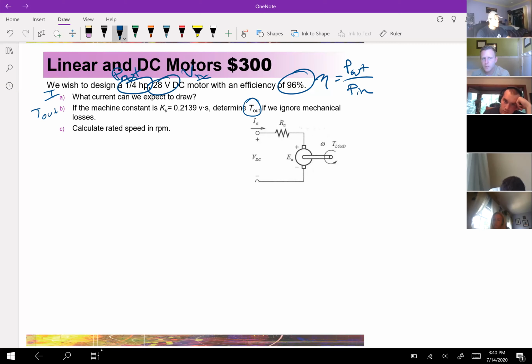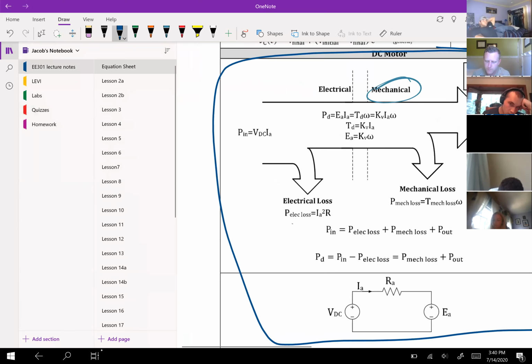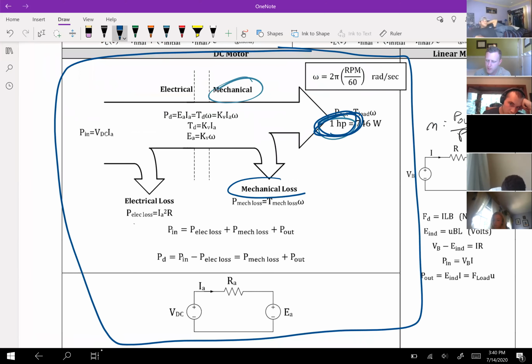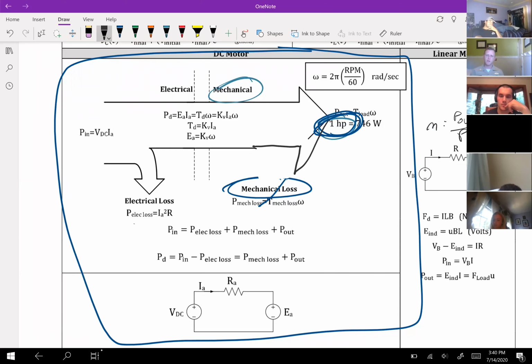It says right here, if we ignore mechanical losses. So I'll say P mech loss, because that's what the equation sheet calls it, is 0 watts. We ignore them. Look on the equation sheet right here where it says mechanical loss, right? It's saying that this is 0. It's saying that as far as the arrow of the system in this formula, there's nothing going out to mechanical loss.